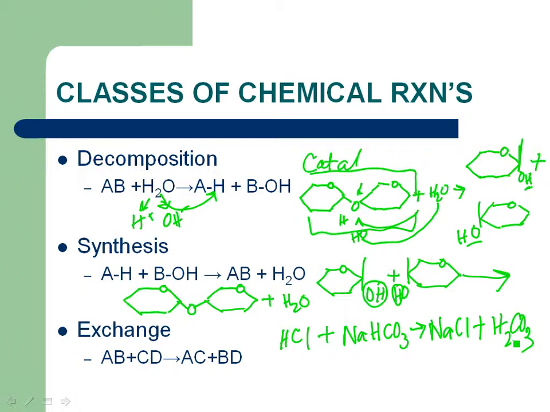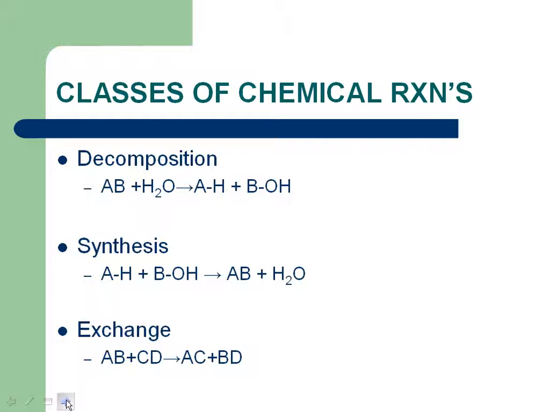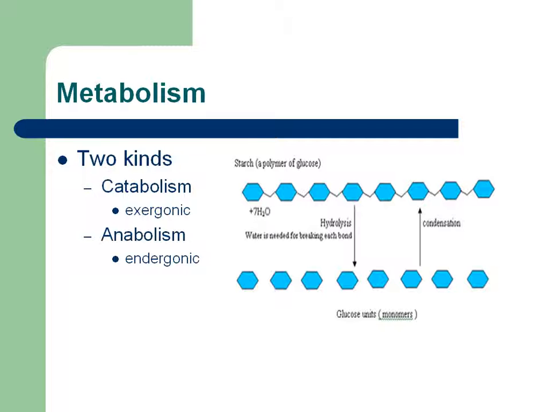So let's move on and finish up with our types of metabolism. The two kinds of metabolism, which I briefly talked about in the last slide, are catabolism, our destructive form of metabolism, and anabolism, our constructive form of metabolism.